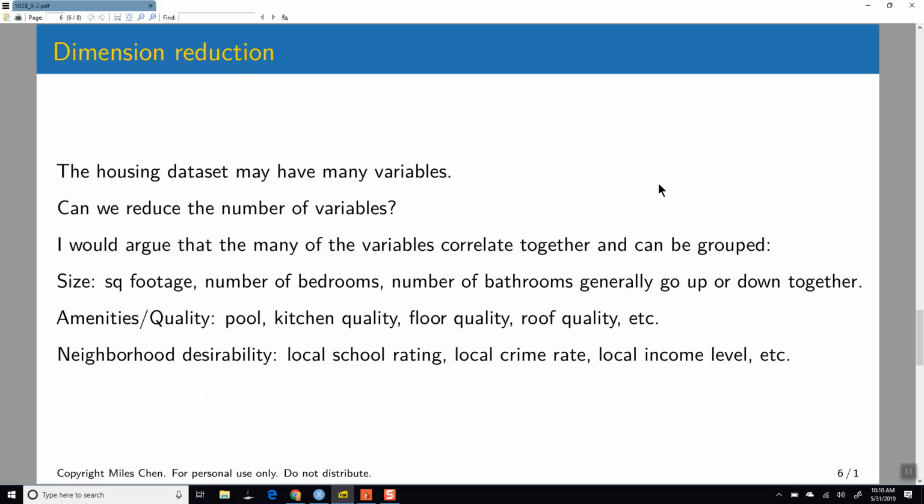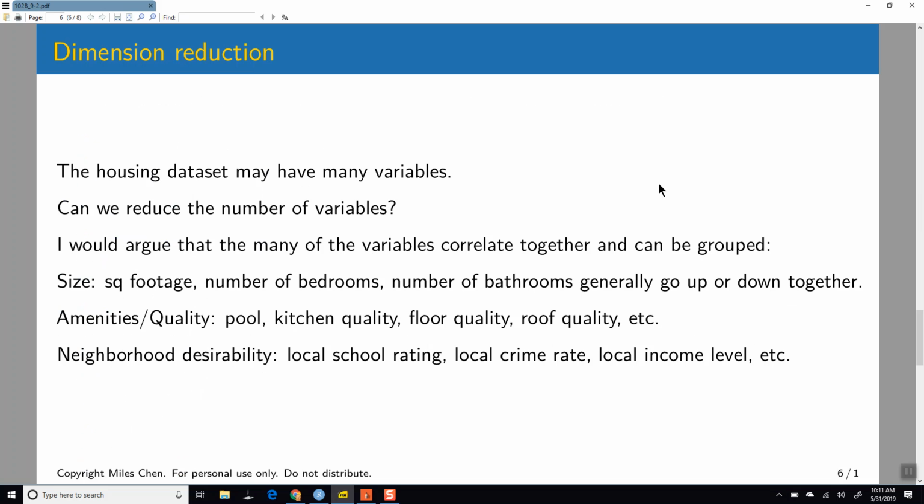And then the other component that's also very important is basically neighborhood desirability, okay? Things like a higher local school rating, a low crime rate, and, sad to say, higher income levels are all tied to neighborhood desirability.